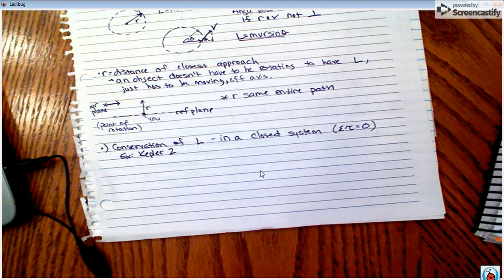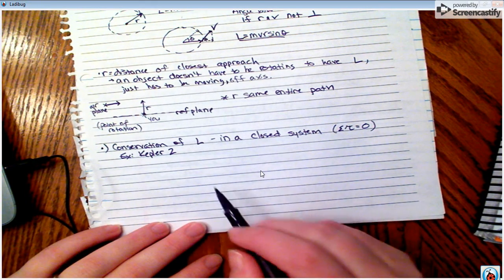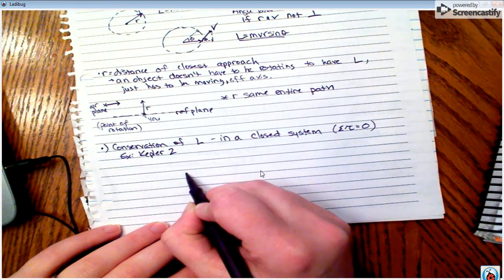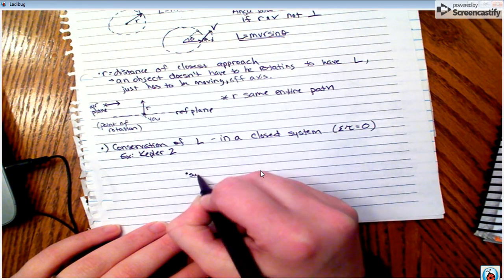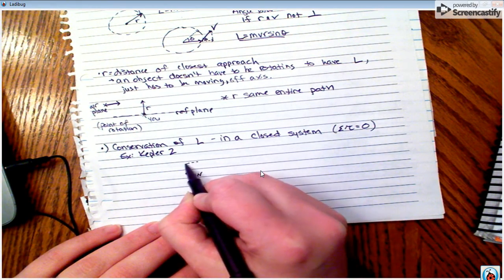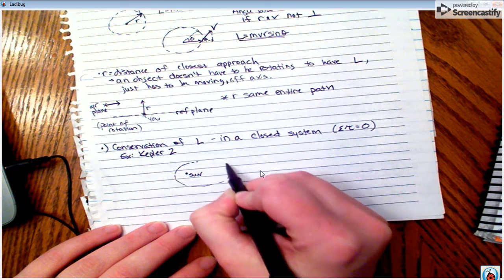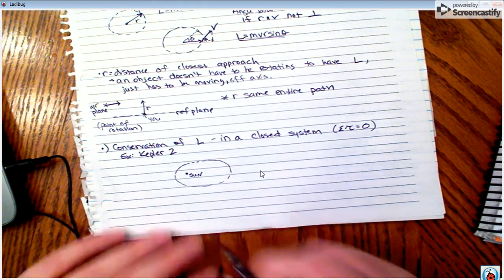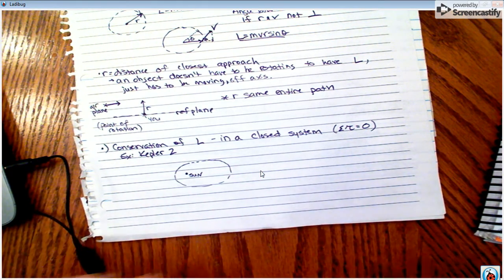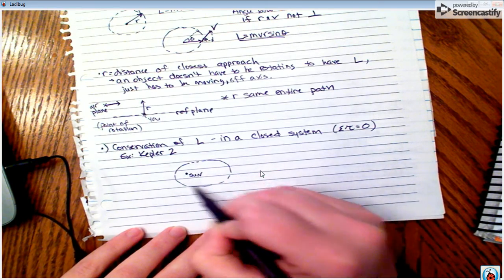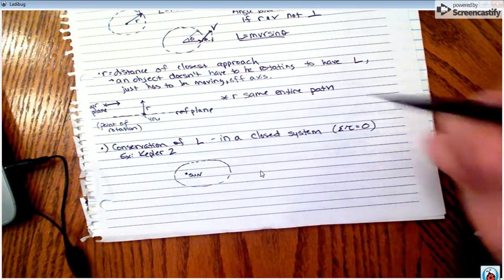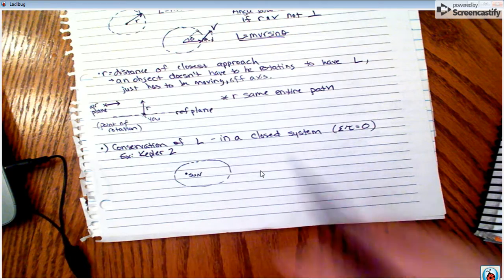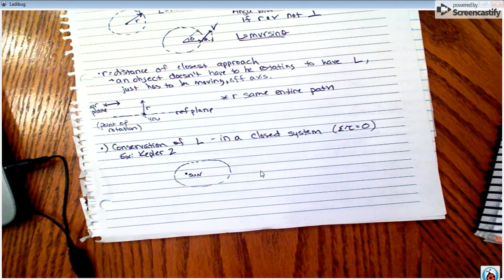Second one, that was the one that said whenever you have an object in orbit, so say that's the sun, say this is the Earth's path, the Earth orbiting the sun, or any object orbiting anything else, is moving fastest at what point? Think about it. You remember? Feel like Dora the Explorer.